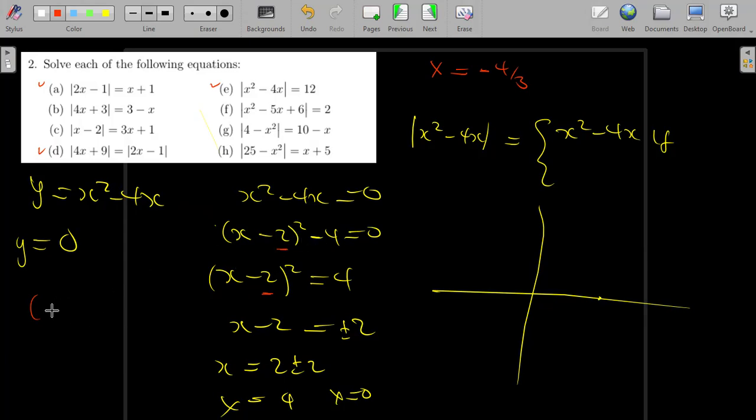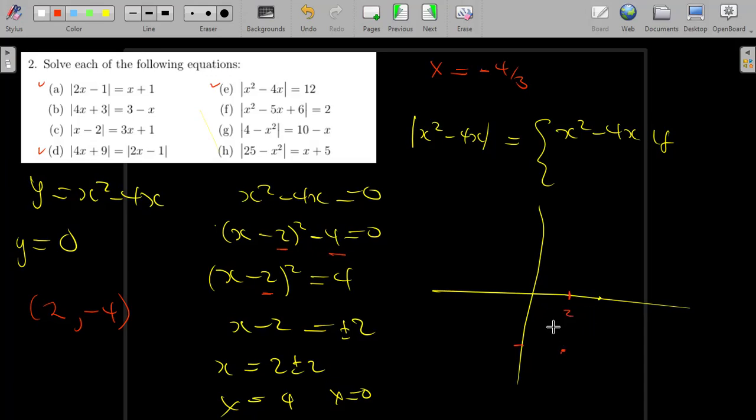So negative 2 by negative 1 gives me positive 2, and you get the y here. So my turning point is 2 comma negative 4. Let's say my 2 is here and my negative 4 is there.